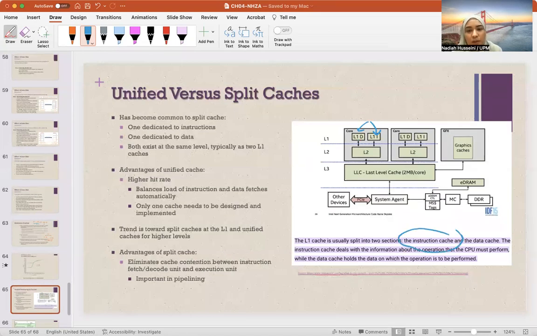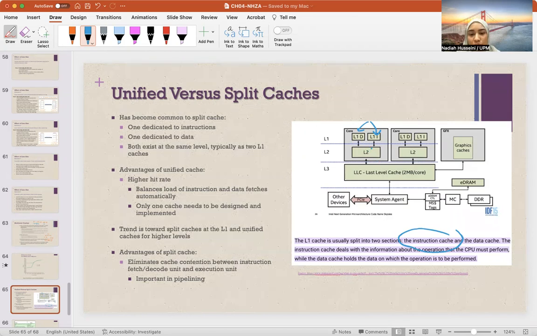So the function for L1D, let's say, is for instruction, and for the L1I, the main function is to handle the data. So one handles instruction, the other handles data. When you divide this, you can get it to be faster.